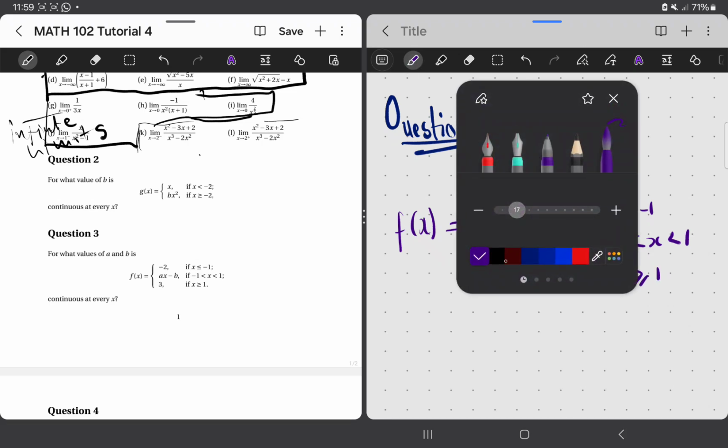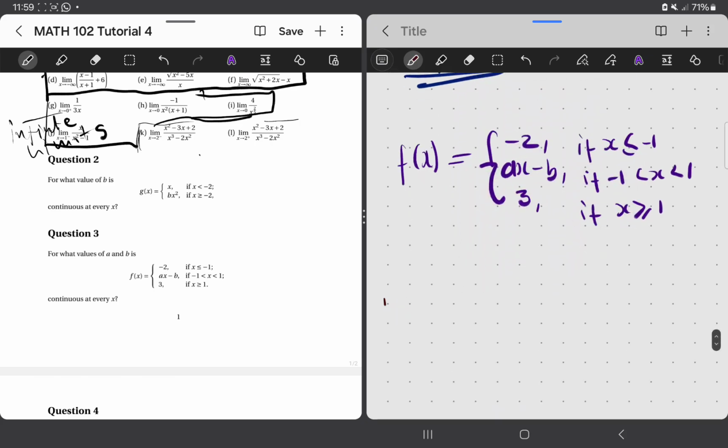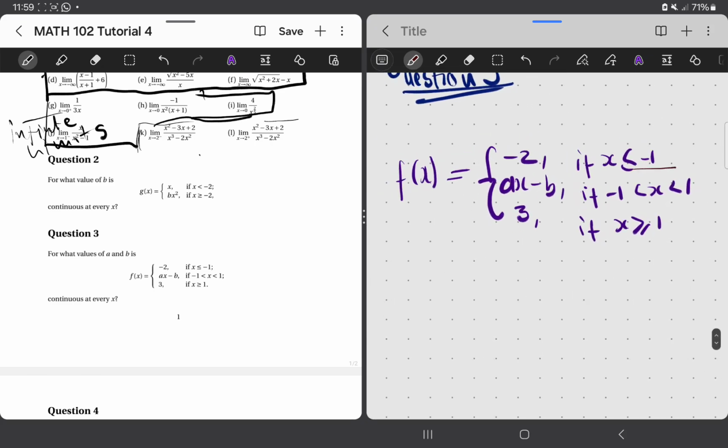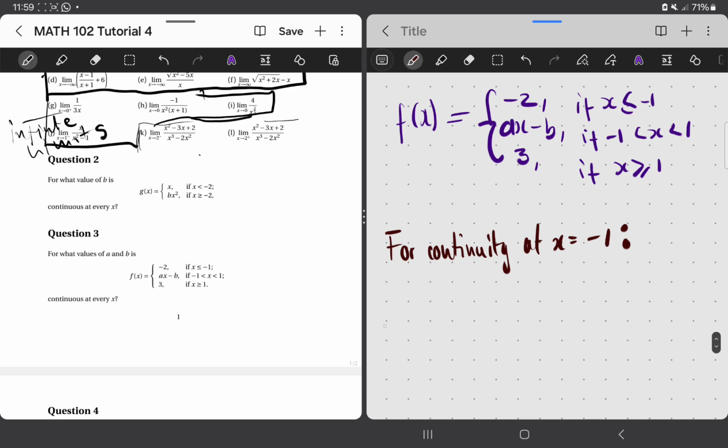Okay, so what are we going to do now? We're going to check continuity at x equal to negative 1. So for continuity at x equal to negative 1, we can first say f of minus 1 is going to be equal to the limit as x approaches negative 1 of f of x.